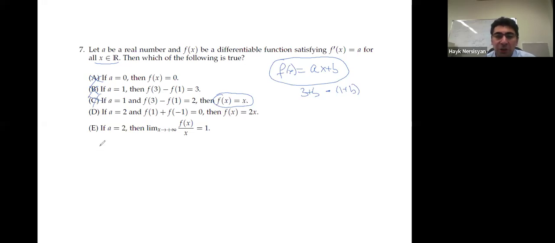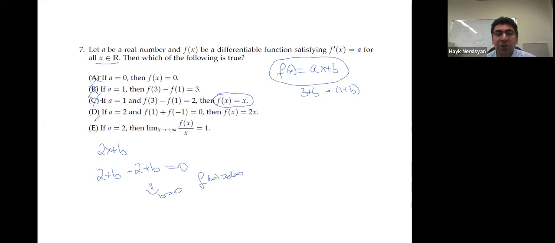Let's check. Our function is 2x plus b. At 1, the value is 2 plus b. At minus 1, the value is minus 2 plus b. And if we know that this sum is 0, this gives b equals 0. If b equals 0, then f(x) equals 2x.